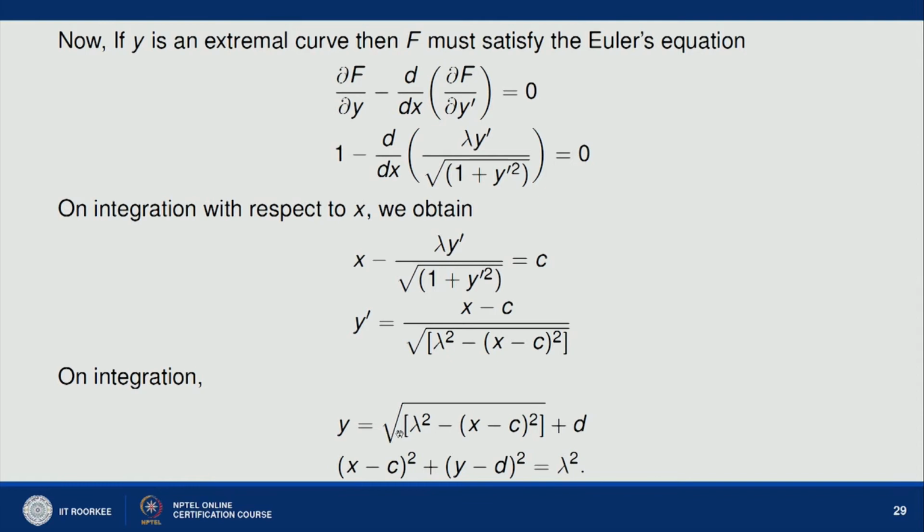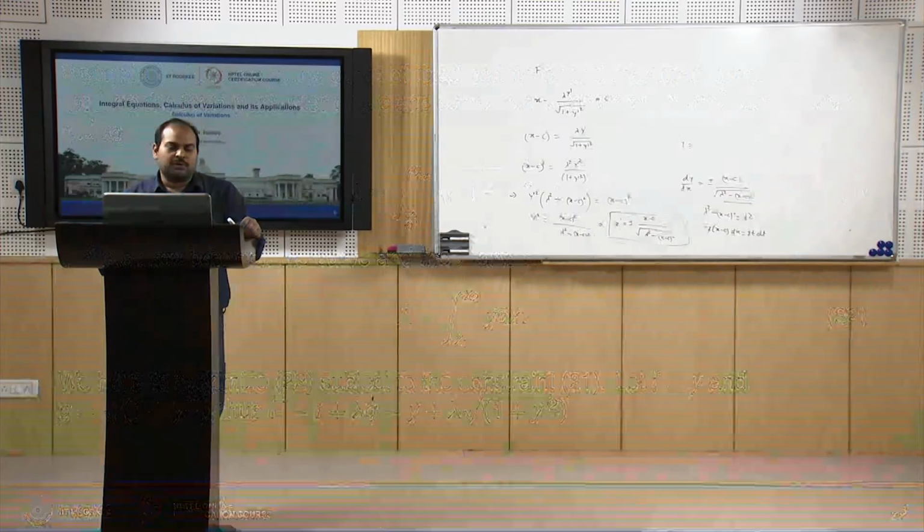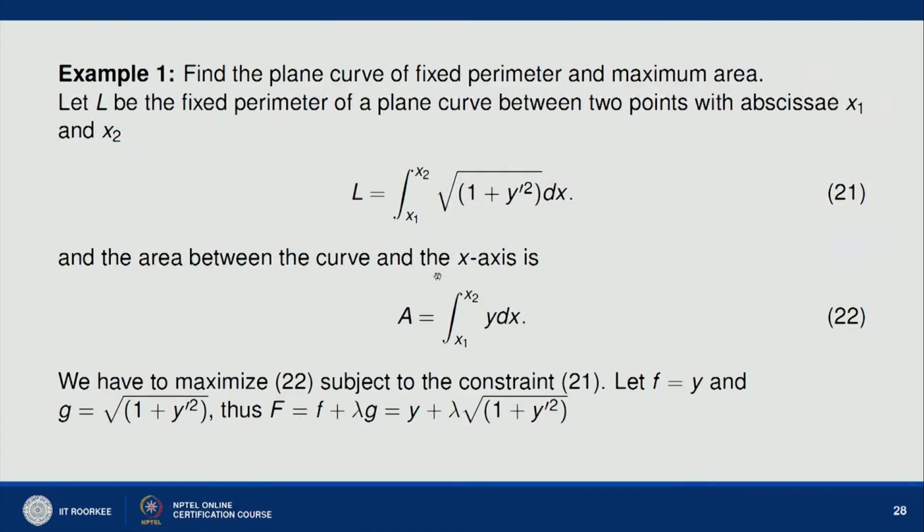So when you simplify, you can square it, and you can get (x minus c) whole square plus (y minus d) whole square equal to lambda square. Here the constants c and d we can obtain by the boundary condition, that y of x1 is equal to y1 and y of x2 is another value, y2.